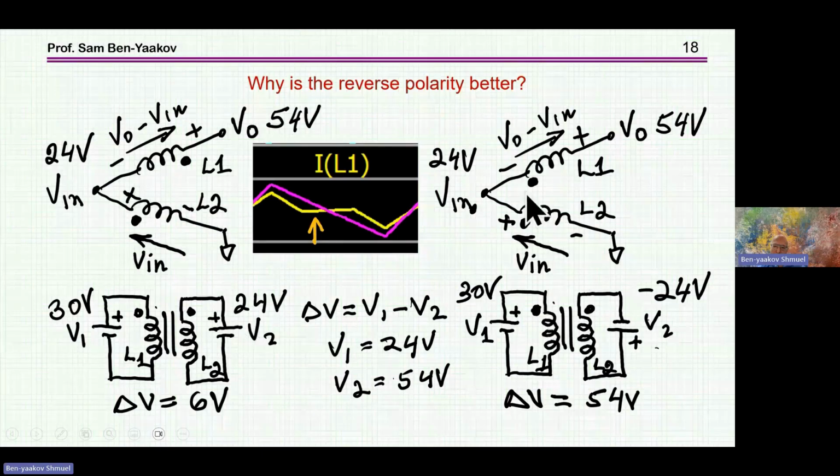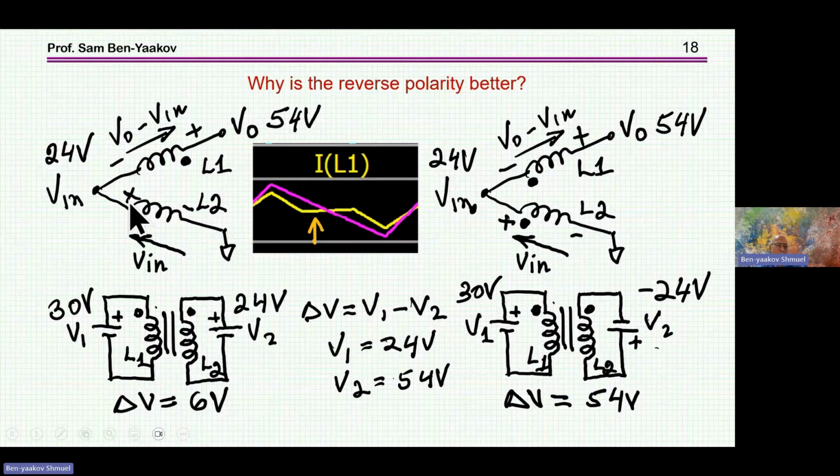Now, in the case of the same direction, what we find is that now we have a reverse voltage on this winding here. So the difference is the sum here of 30 plus 24, 54. So this is this slope here, and it will be large, while in the case of the point that I'm showing here, when we have the coupled inductor, when one transistor is conducting and the other one is not, then we have this slope.